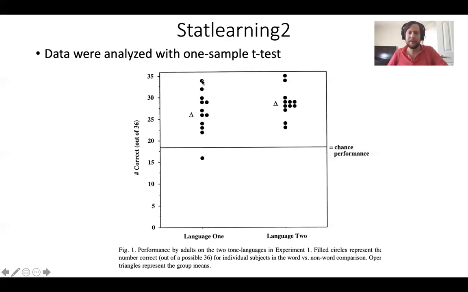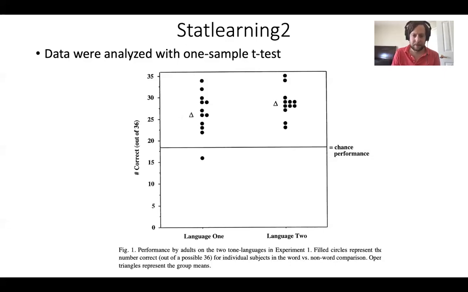Looks like there were 12 participants, the small sample size in this study. They were looking to see, does the average score, which is represented by this triangle, the average amount of correct responses of these 12 participants, is that average score significantly different than chance performance of 18? And that's what they did, the one sample t-test.